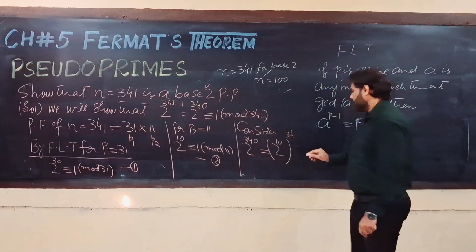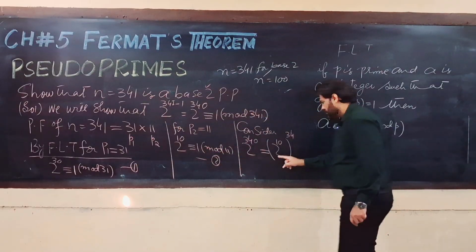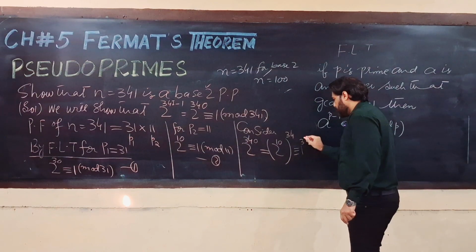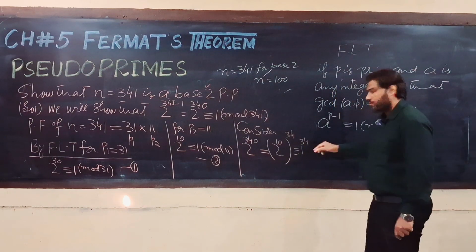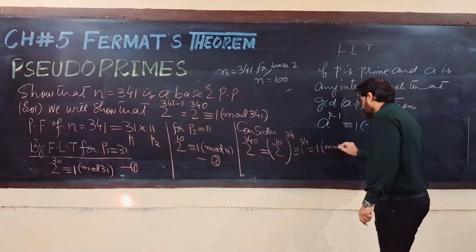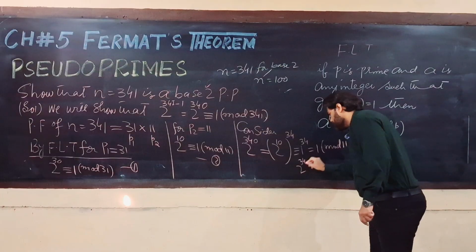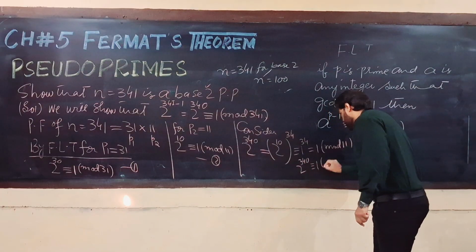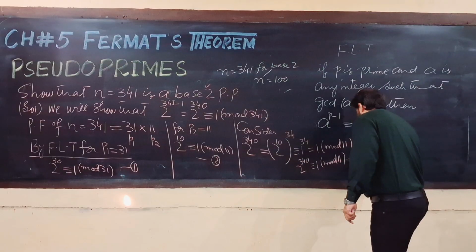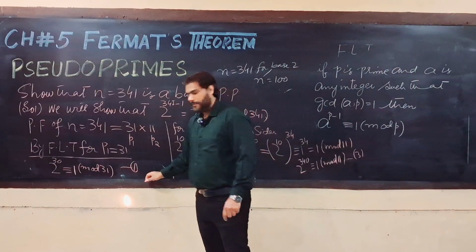Now using 2 raised to power 10 is congruent to 1, I can replace 2 raised to power 10 with 1, and 1 raised to power 34 is simply equal to 1. So it means 2 raised to power 340 is congruent to 1 modulo 11. Say this is 3.